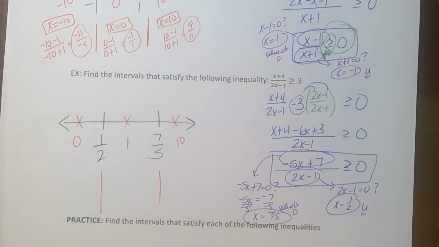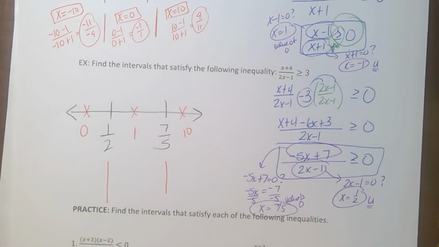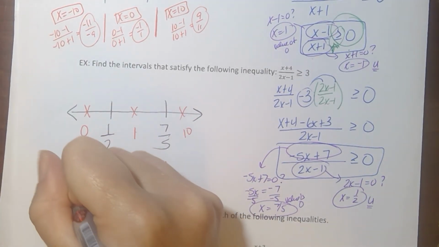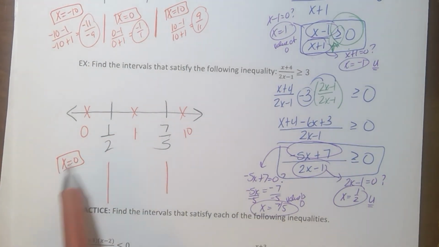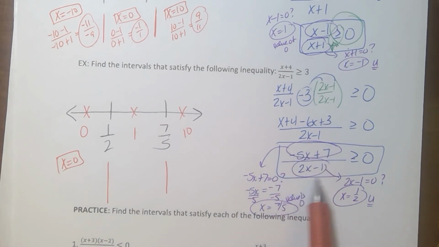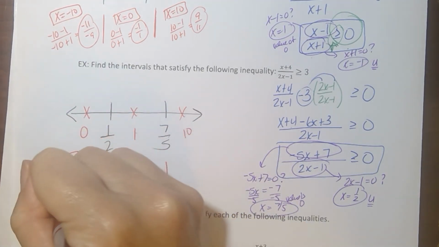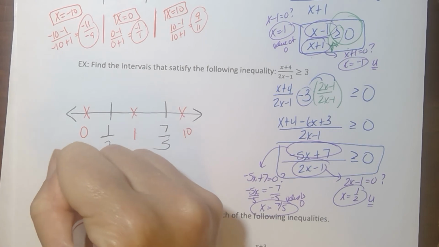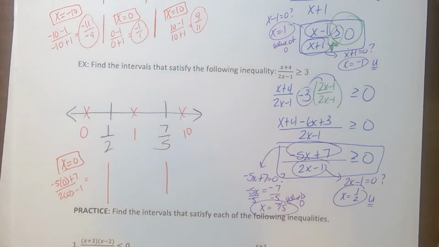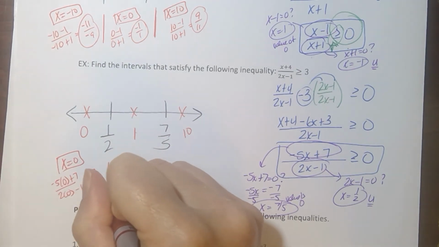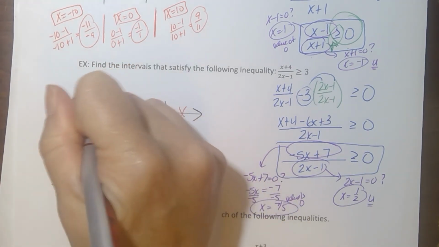Let's go in and check these test point values. If I start with 0, just because that's my habit, I plug in 0 into my rational expression that I have simplified down to. I would have negative 5 times 0 plus 7 over 2 times 0 minus 1. Now I know that anything times 0 is 0. So that gives me 7 over negative 1, which is negative.